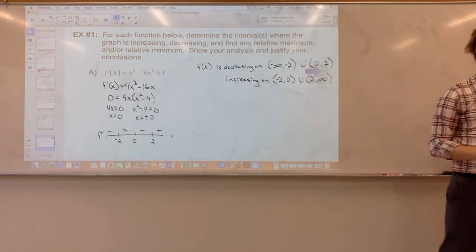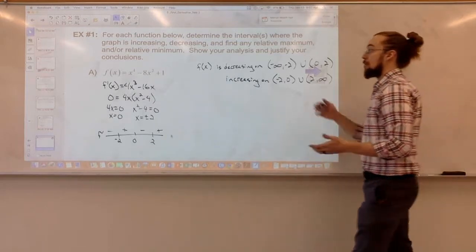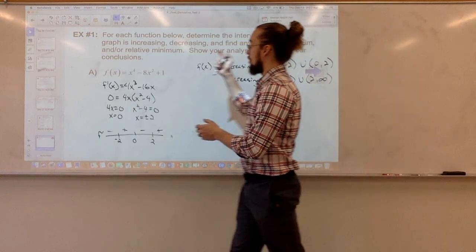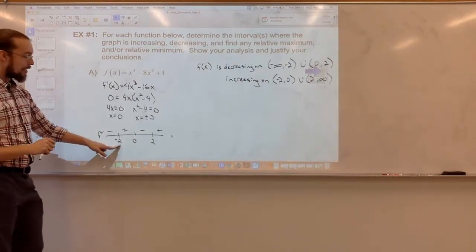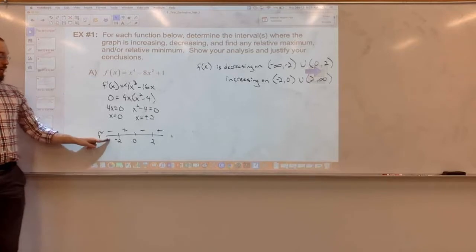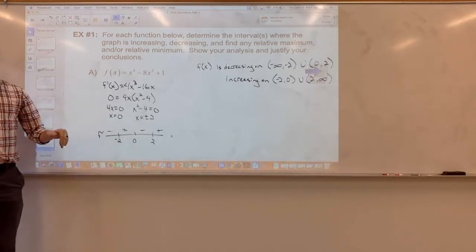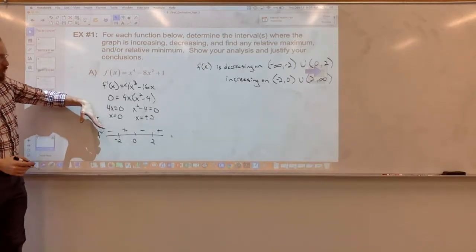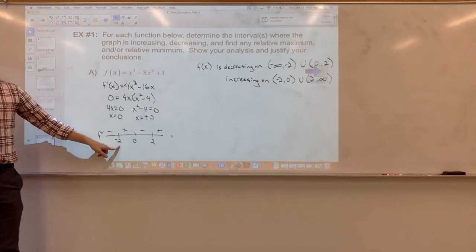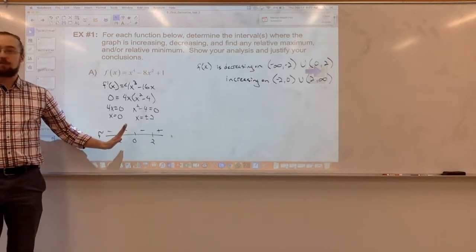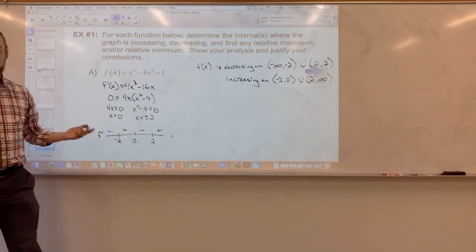Then the second part is to find relative mins and maxes. So if I look at my chart, at x equals -2, my derivative changes from negative to positive. That means my original function changes from decreasing to increasing. So at x equals -2, I will have a local min, or a relative min.